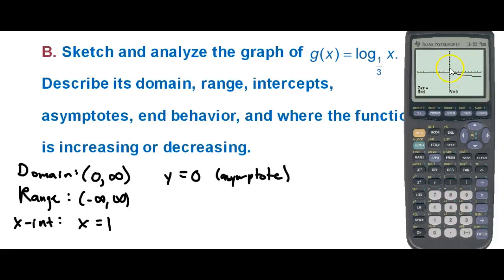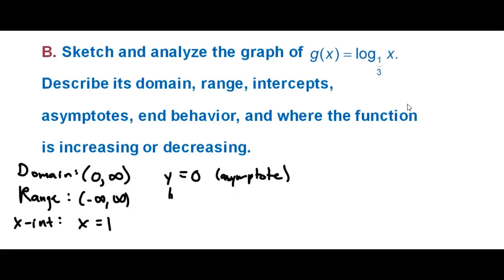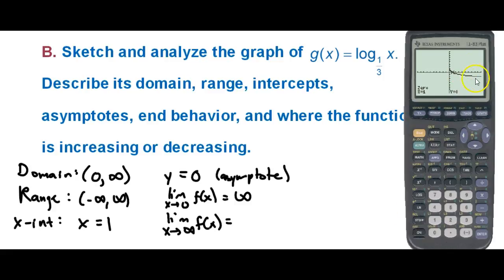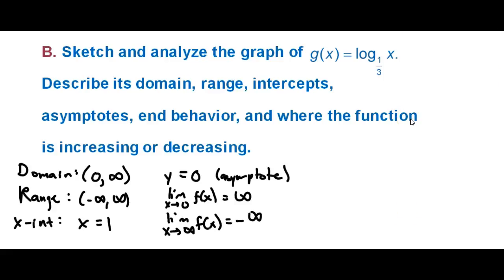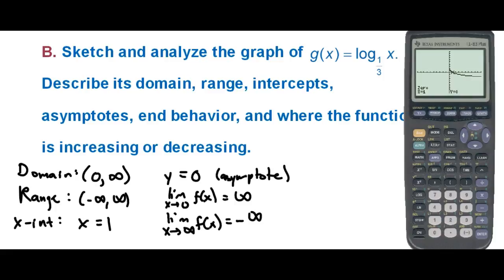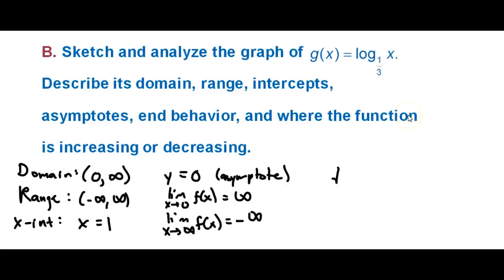It looks like as x approaches 0 from the right, my function goes up to positive infinity, and as x approaches infinity to the right, it appears it's going down to negative infinity. And where the function is increasing or decreasing, well, it's never increasing, but it's always decreasing. Sorry, always decreasing from 0 to infinity. So there's your qualities of that graph.